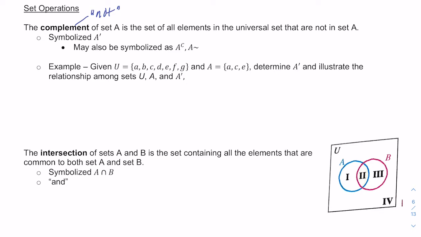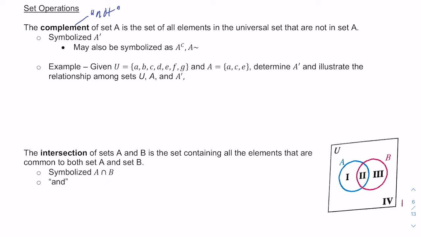If my universal set here is A, B, C, D, E, F, G, and set A is A, C, and E, a complement would be all of the elements that are not in set A that are part of the universal set.